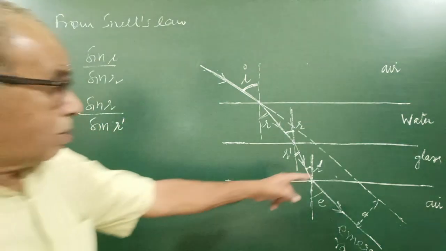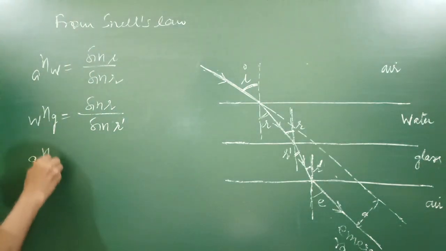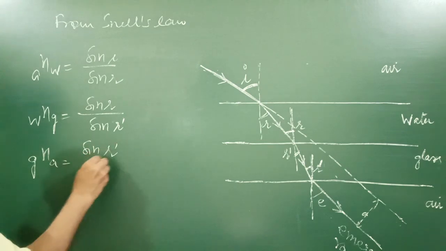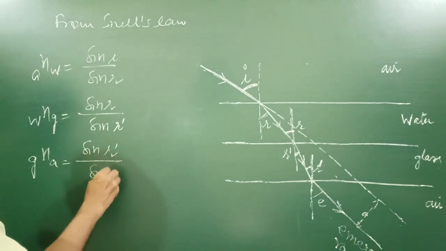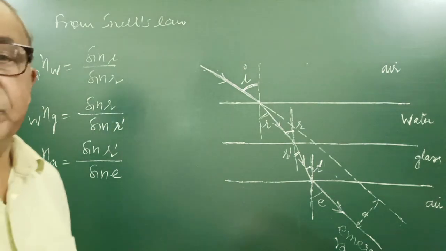For the third refraction, gμa is equal to sine r dash upon sine e. These are the three equations obtained here.